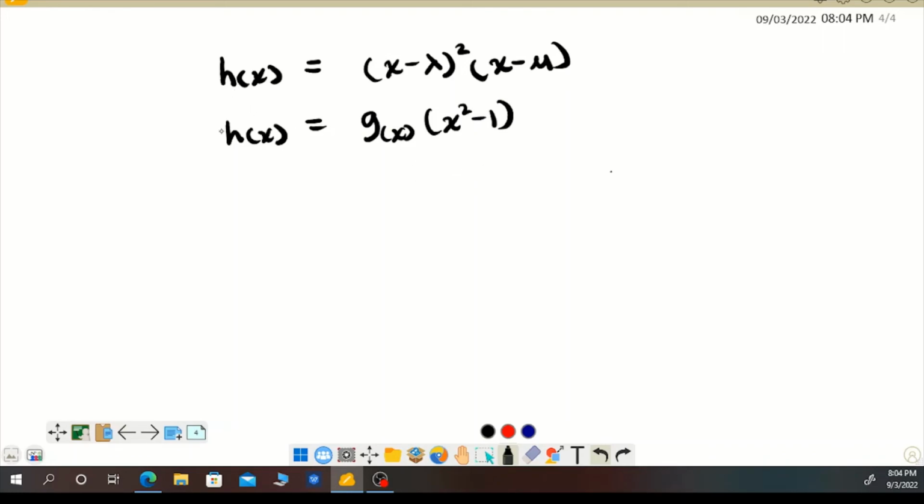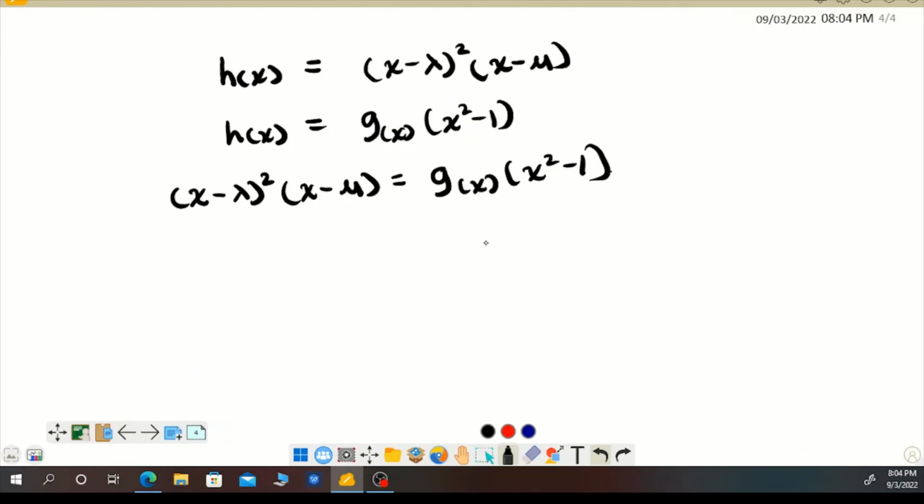So both these two expressions are equal, then I can write x minus lambda squared into x minus mu equals gx into x squared minus 1. Okay. And we know the exact hx function, right?